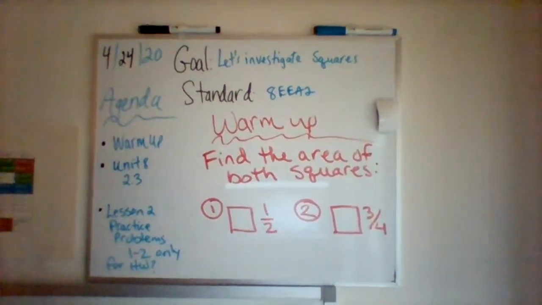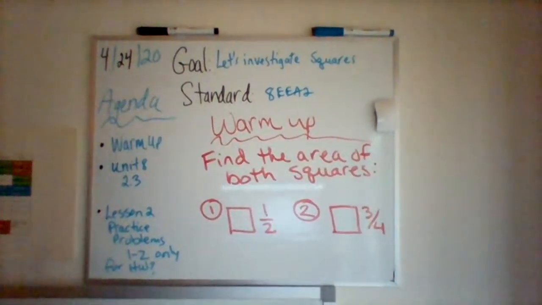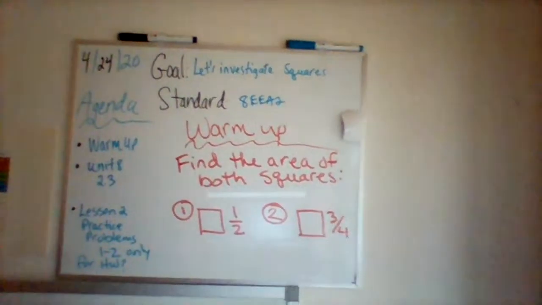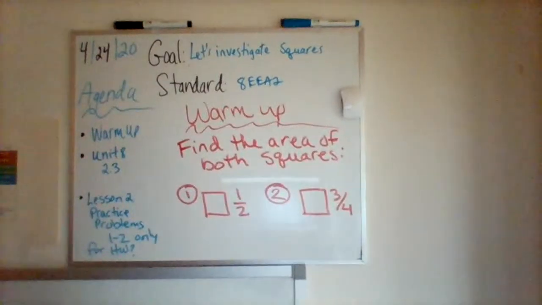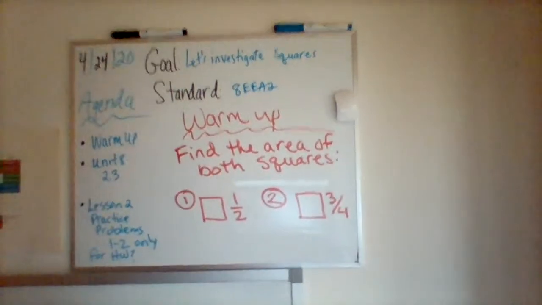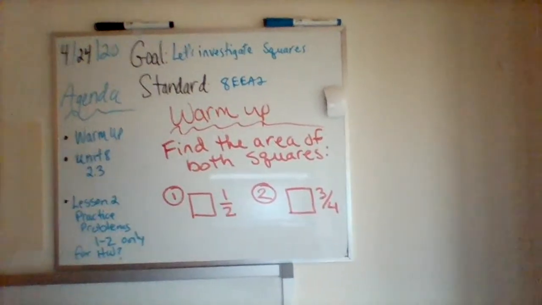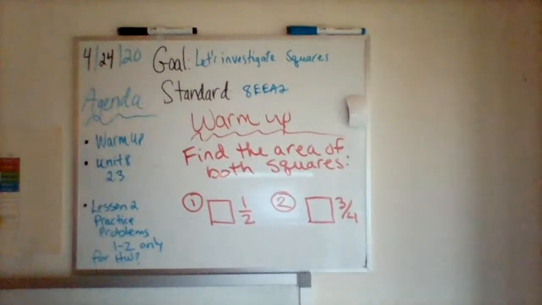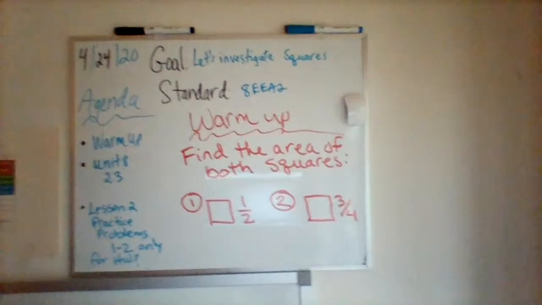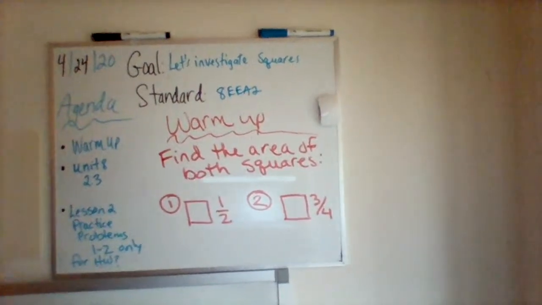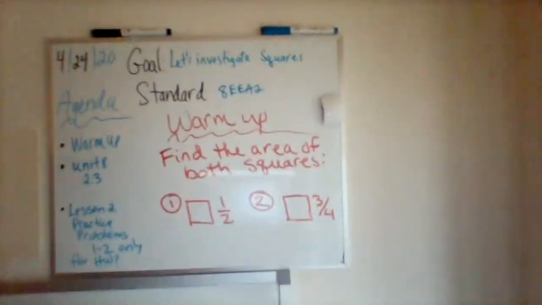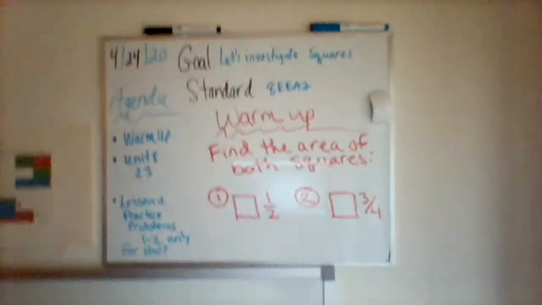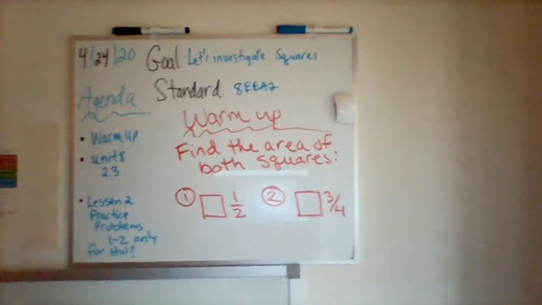8th grade, do you have those areas for me? It's only 2 squares. Don't be shy. Thais said that the first area is a quarter. Okay, I need to hear if anybody agrees or disagrees. I also would like to hear, Thais, how you found the quarter. Share with the world what you did.